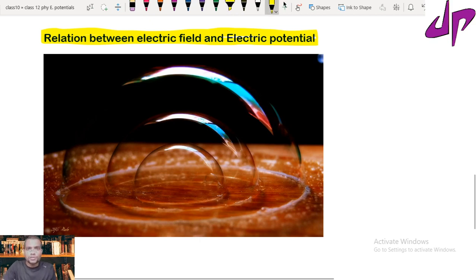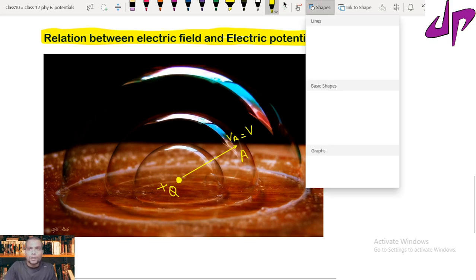So for that, as usual, let me consider a positive source charge. And now if I take a point at a distance, so this is a point A. Now the potential at point A, VA, let it be V itself.